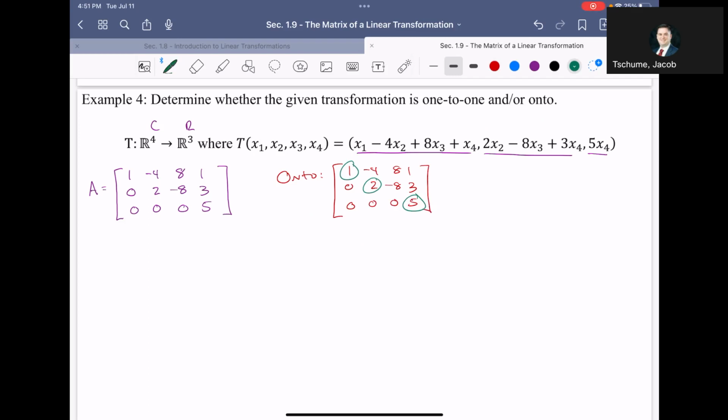All right. So back to my original point. If a transformation is onto, there must be a pivot position in every row. Since there is a pivot position in all 3 rows here, the answer is yes, it is onto, because once again, there is a pivot position in each row.